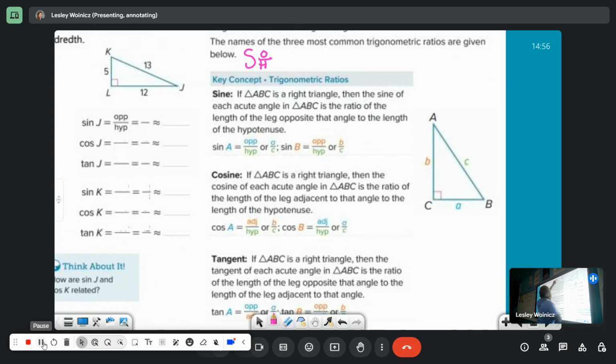So we call that SOH. Cosine is the adjacent over the hypotenuse. And TOA is tangent. That's opposite over adjacent. So that's going to help you remember which sides go into which ratio.